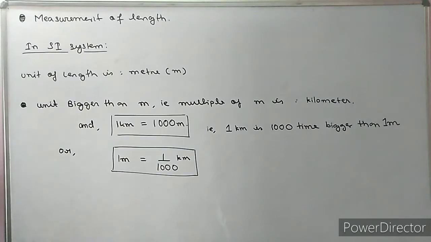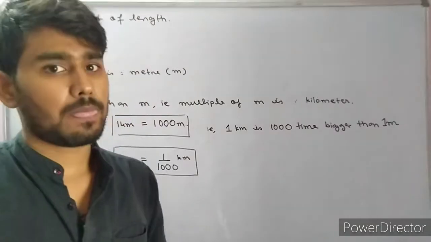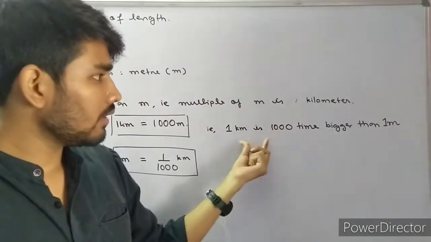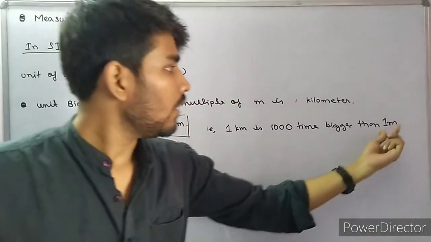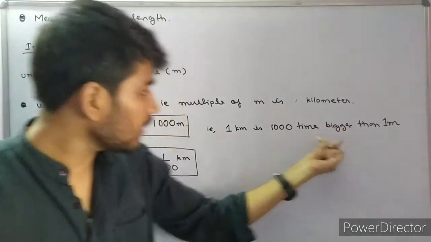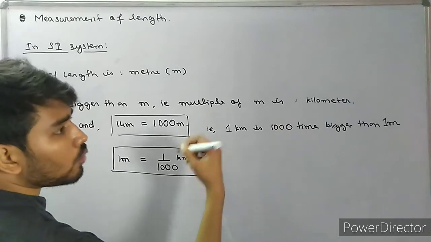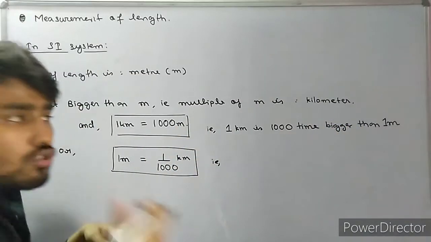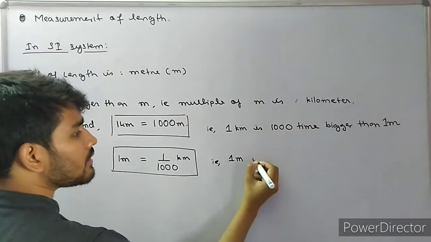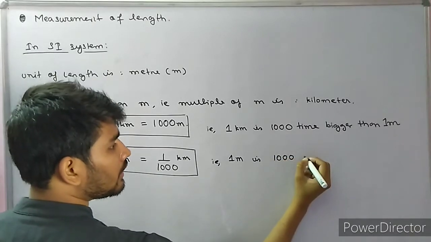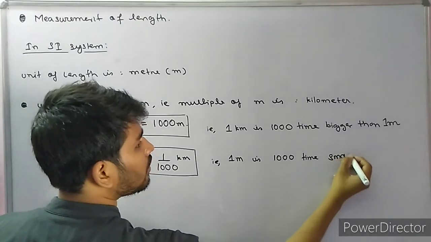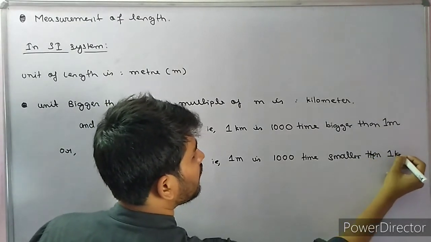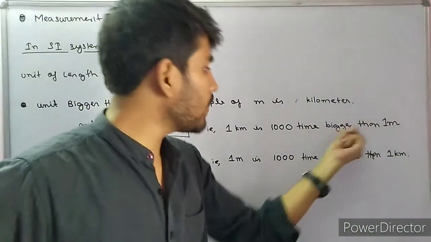If 1 kilometer is 1000 times bigger than meter, can we not say oppositely, that is, if kilometer is 1000 times bigger than meter, in other words 1 meter is 1000 times smaller than 1 kilometer.